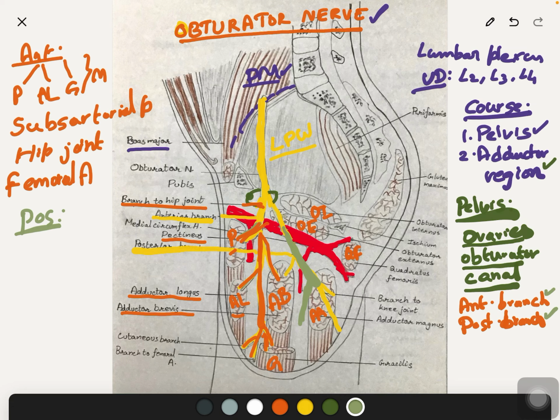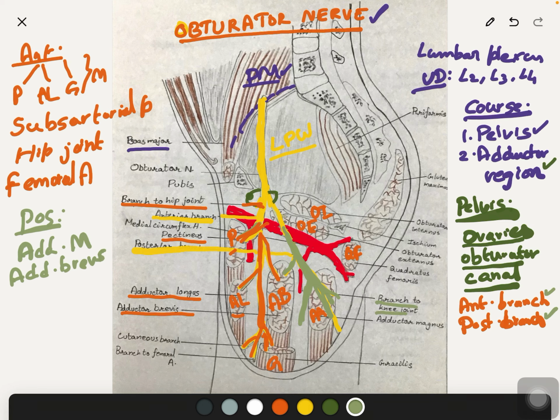Then it supplies the muscular branches: constant branches to the adductor magnus muscle, and to the adductor brevis if not supplied by the anterior division.